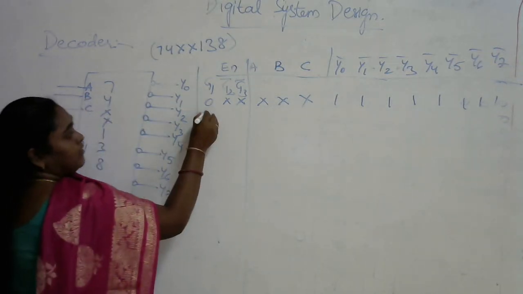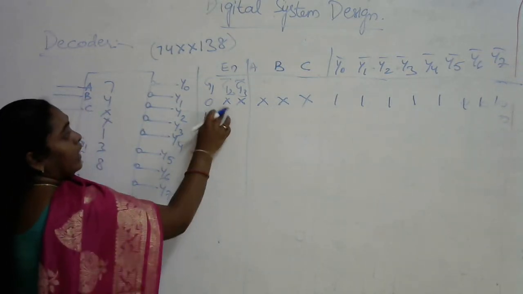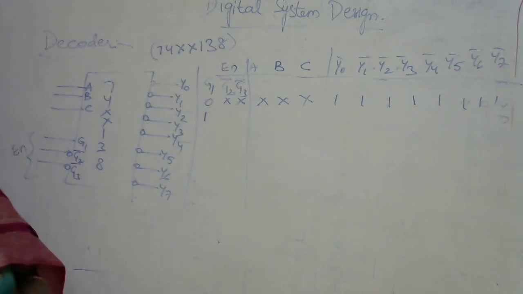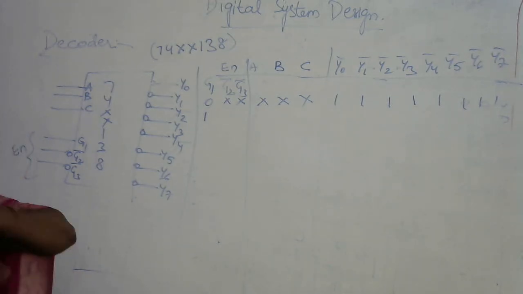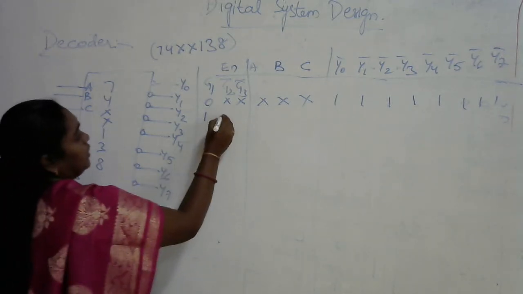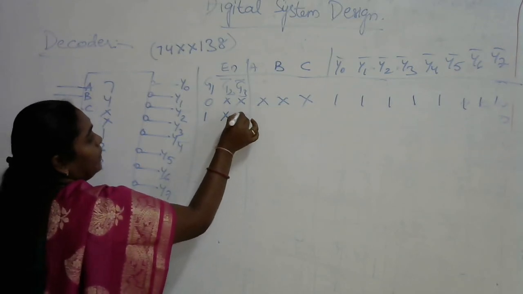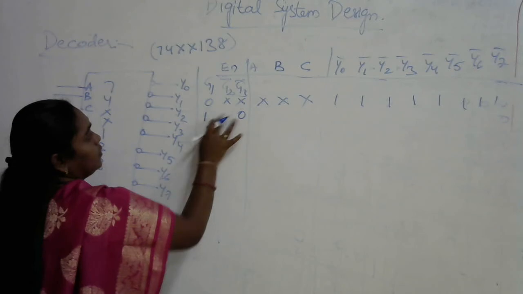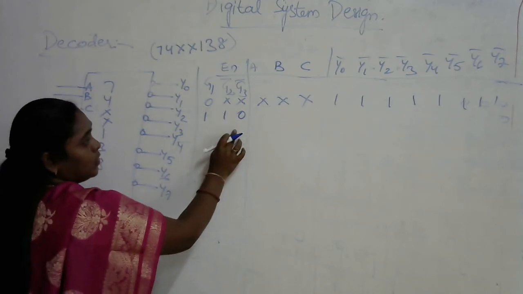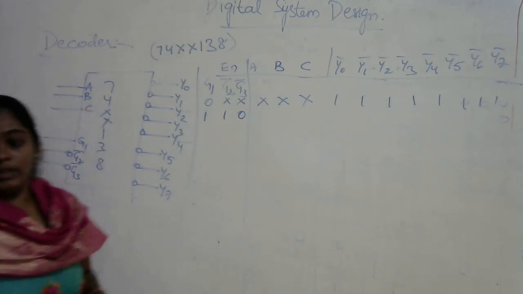Similarly, when G1 is 1 and G2, G3 are active low, if G2 is 1, the circuit is not going to function.